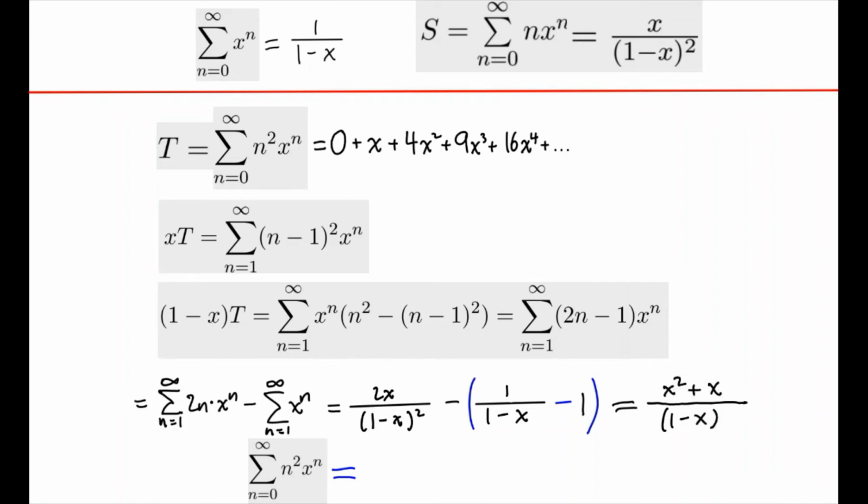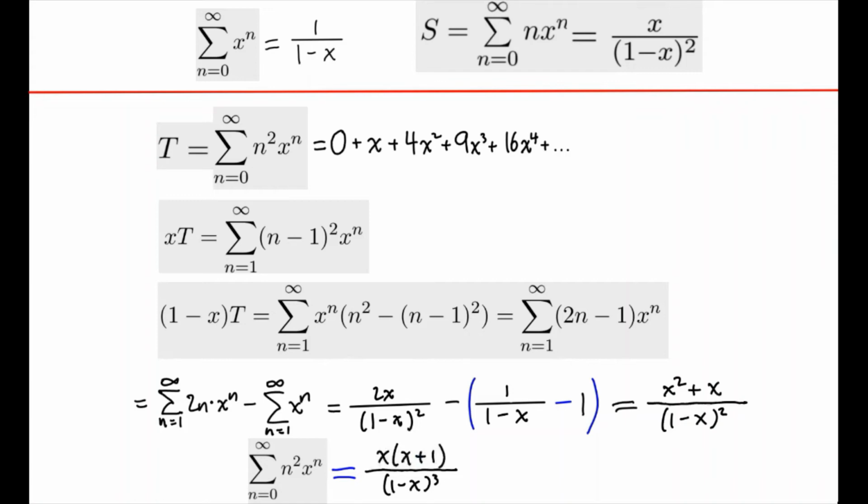Now, since we still have 1 minus x on this side, we're just going to have to divide both sides by it. So our answer is that this is equal to, oh, I'm sorry, I forgot to add a square there, my bad. 1 minus x to the third power, with the numerator being x times x plus 1, which is pretty much the same thing as this, so it doesn't really make much of a difference. So there you go, there's our answer.